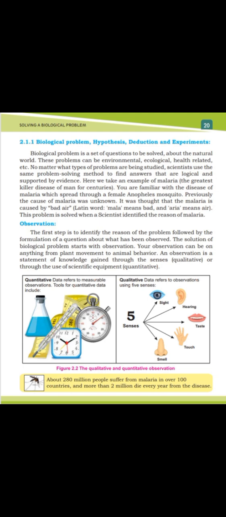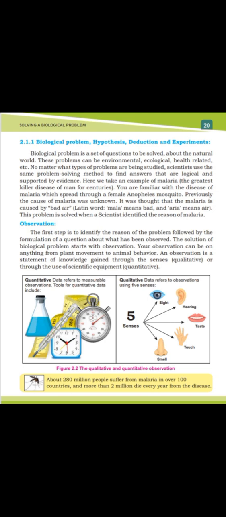An observation is the statement of knowledge gained through the senses, which is known as qualitative, or through the use of scientific equipment, which is known as quantitative observation. So there are two kinds of observations. First is the qualitative by senses and quantitative by the scientific equipments. Both the methods are shown here in the figure 2.2.